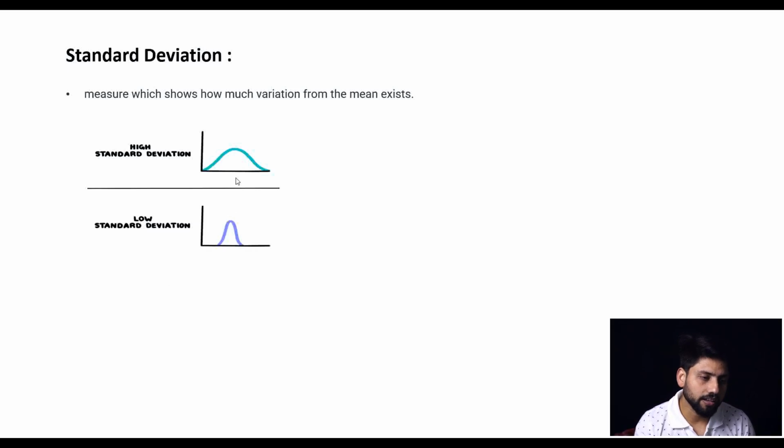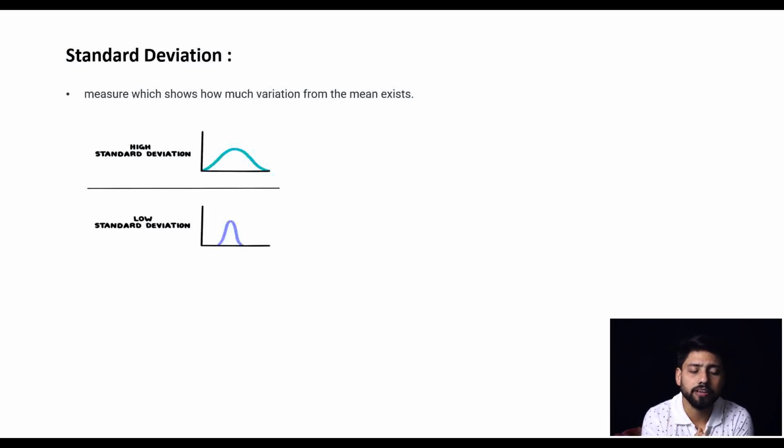There are two graphs I have mentioned in this video. What do these two graphs explain? This is the data for the first one, which is for high standard deviation.